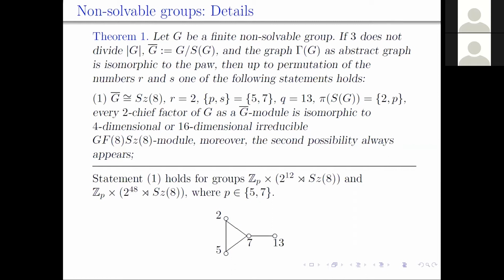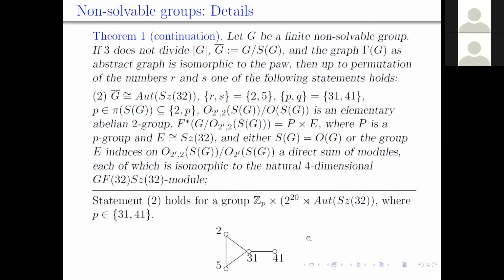Moreover, the second possibility always appears. And this possibility is realized for groups of the following shapes. And you can see on this slide a Gruenberg-Kegel graph of this group.